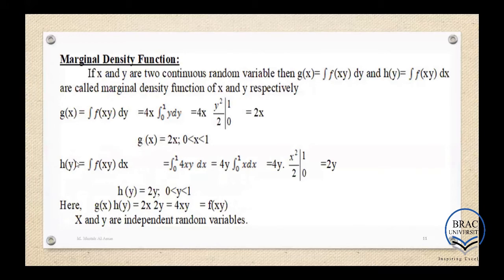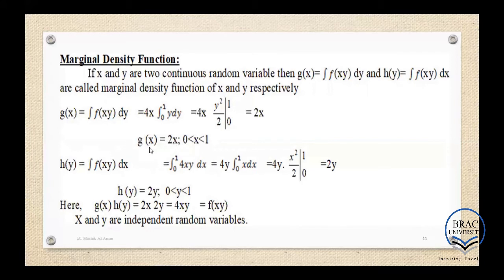How do we calculate the marginal density function of x? See, g of x equals the integration of f of x, y dy. So f of x, y is given as 4xy and then dy, and the limit for y is 0 to 1. After doing the calculations, we have it as 2x. So now it is also in the form of a function.